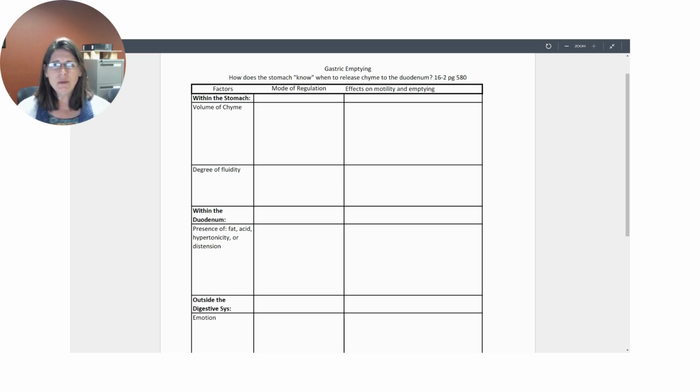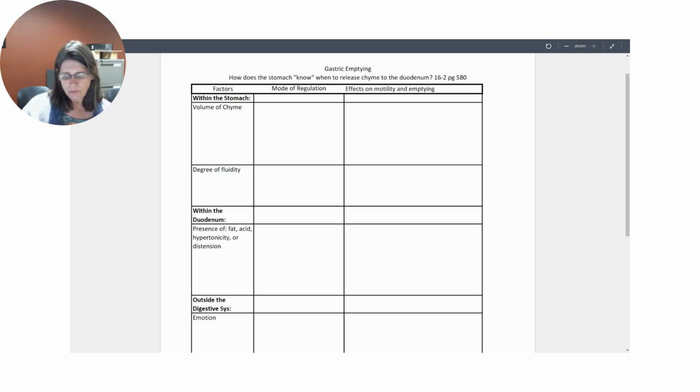The hypertonicity will start to go down because the enzymes are working on the rest of the foodstuffs. It becomes more liquidy, so there's less distension. As those go down, the signal is taken off the pyloric sphincter to contract, so it opens again, boop, and we let a little bit more in. Okay, so that's why I said most of the emptying from the stomach is actually controlled by the factors in the duodenum. It's mainly because of this.